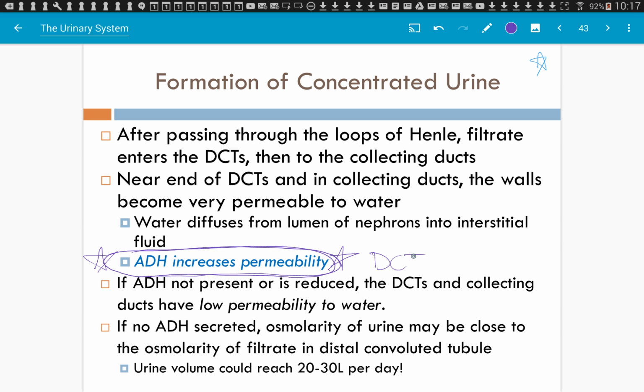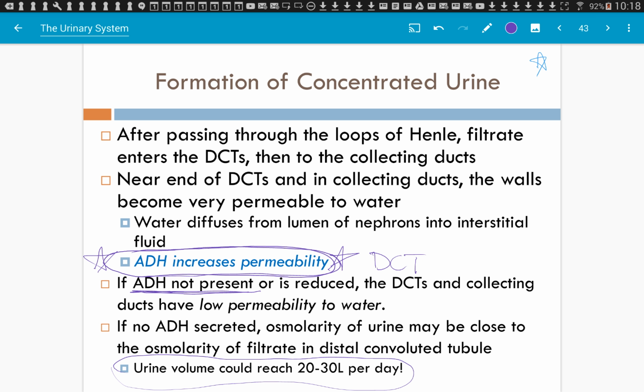And if no ADH is present, then the distal convoluted tubule is very low in permeability to water, which means you are going to produce a lot of dilute urine. A lot, like this: up to 20 to 30 liters of urine a day.